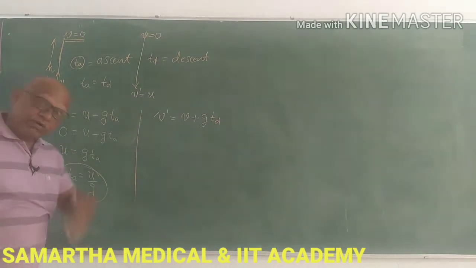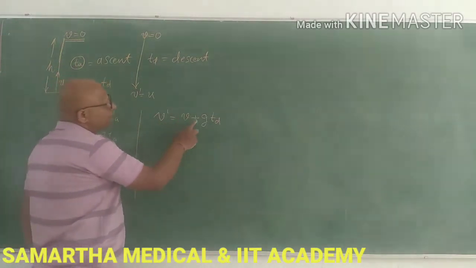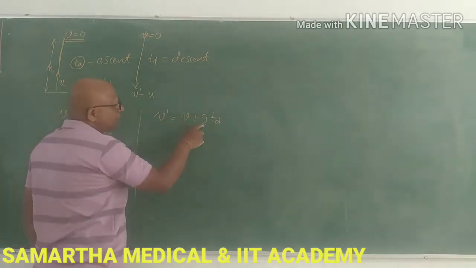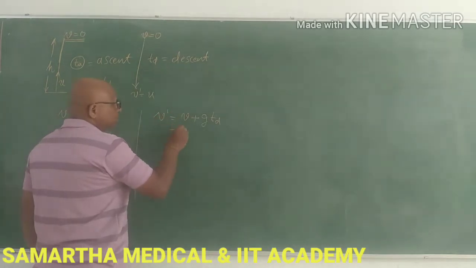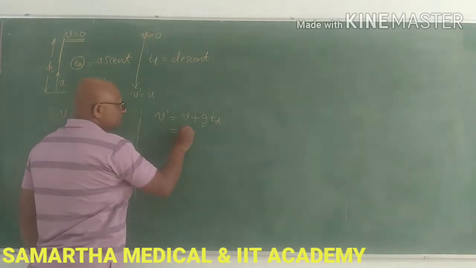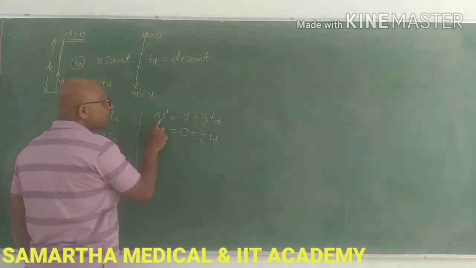If there were no ground, it would have moved continuously. So V dash is equal to V plus g TD, because it is coming down, velocity is positive, the acceleration is positive. V is the initial velocity, which is 0, plus g TD is equal to V dash.